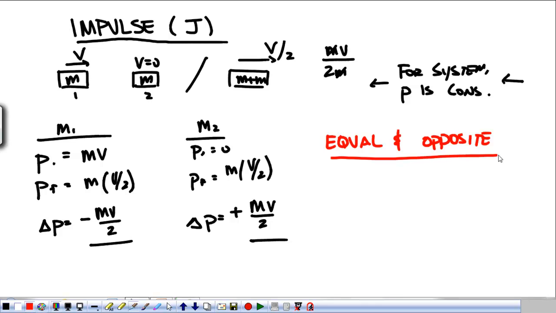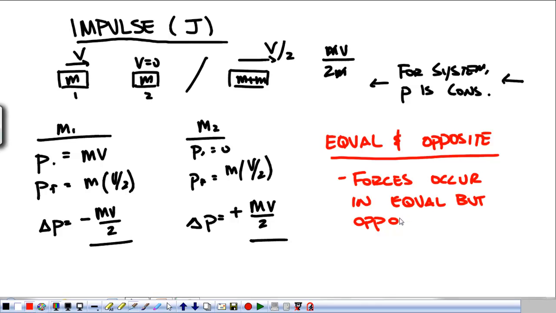This is where we get Newton's third law, the idea that forces occur in equal but opposite pairs working on two different objects.